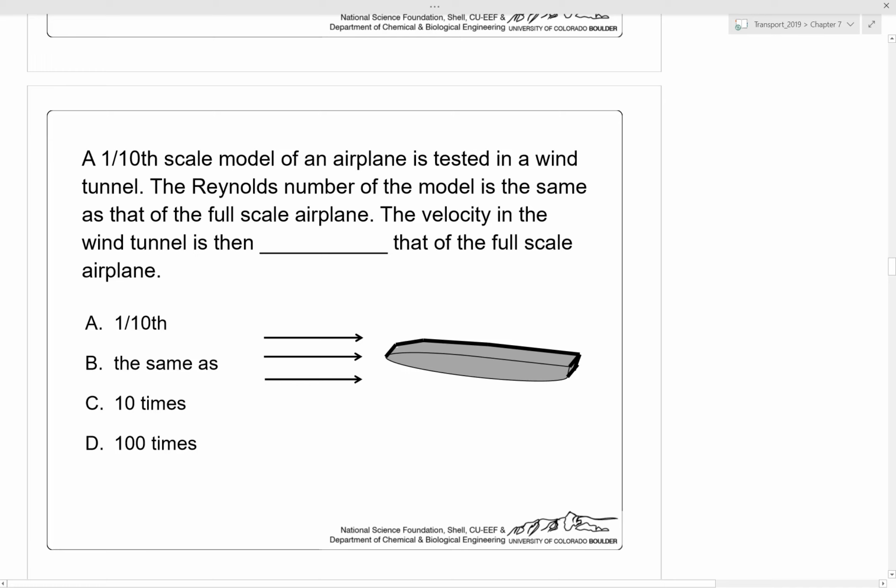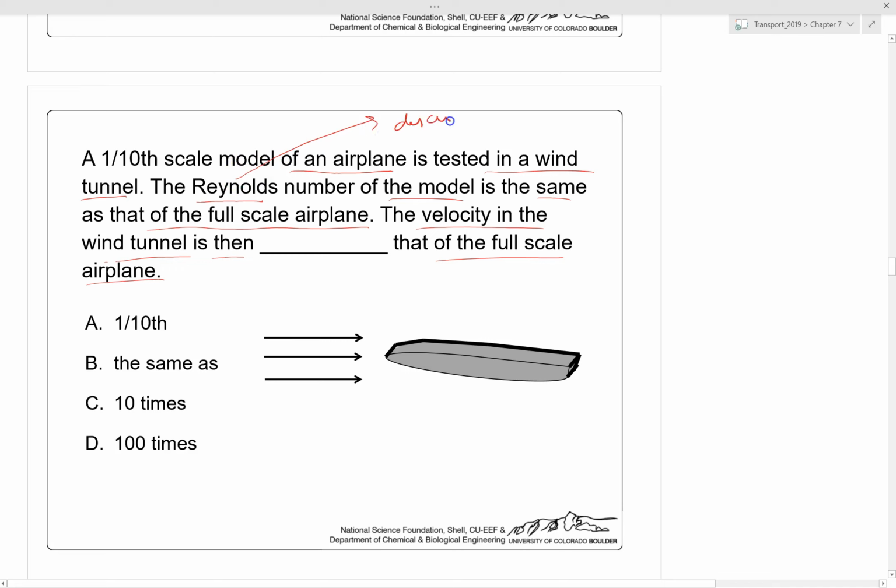Next, a 1/10 scale model of an airplane is tested in a wind tunnel. The Reynolds number of the model is the same as that of the full-scale airplane. The question is, the velocity in the wind tunnel is then dash that of the full-scale airplane. So remember again, what was the Reynolds number?